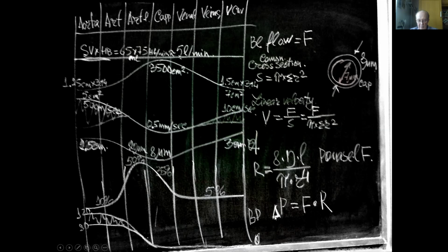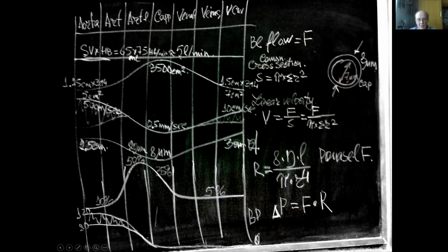What is this change? At the beginning of the arterioles, for example, this is P1, and at the end of the arterioles, P2. P1 minus P2 is the difference of the pressure, and this difference of the pressure has a direct dependence on the blood flow, F, and the resistance.